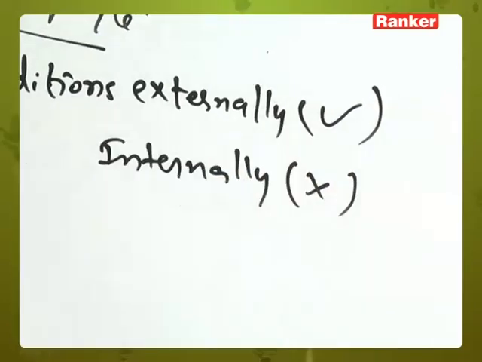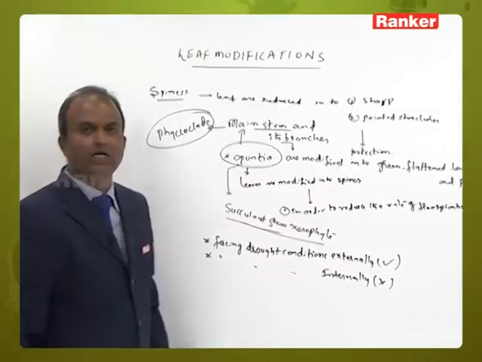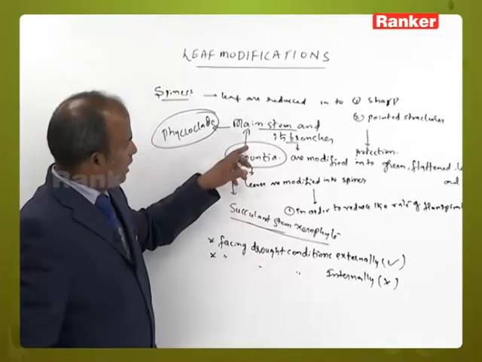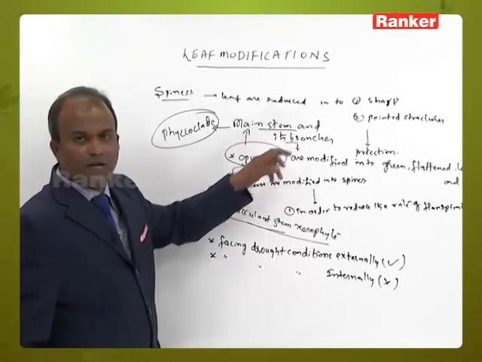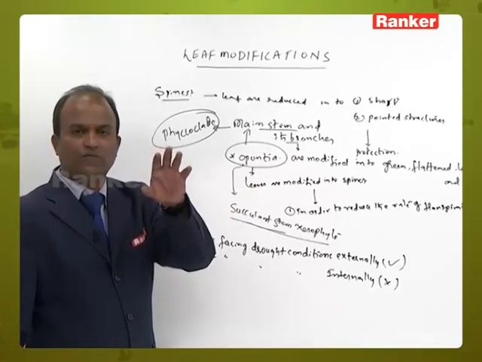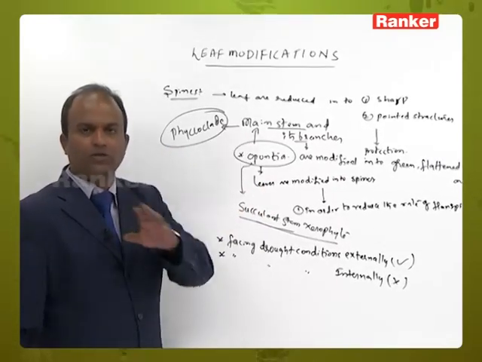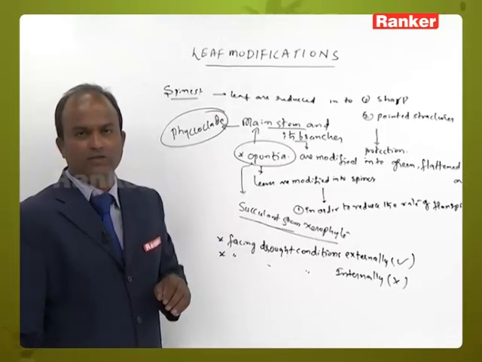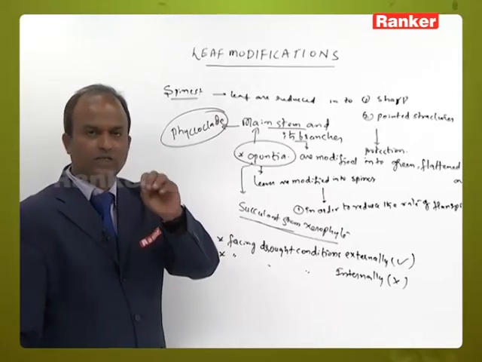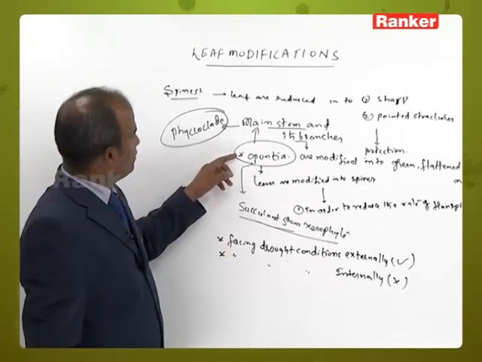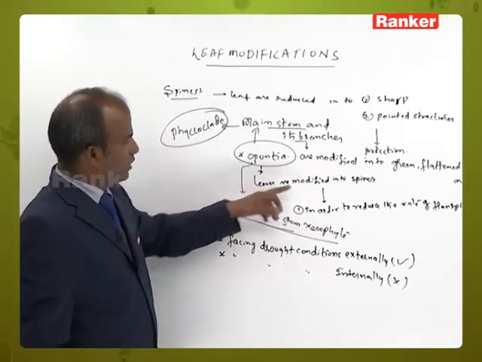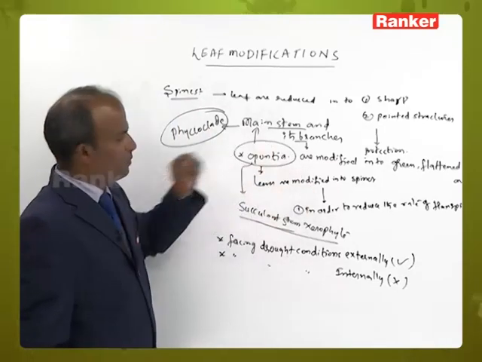No, it does not. What is the reason? As the main stem and its branches store water in the form of mucilage, it cannot face drought conditions internally. So that is how, in Opuntia, leaves are modified into spines.